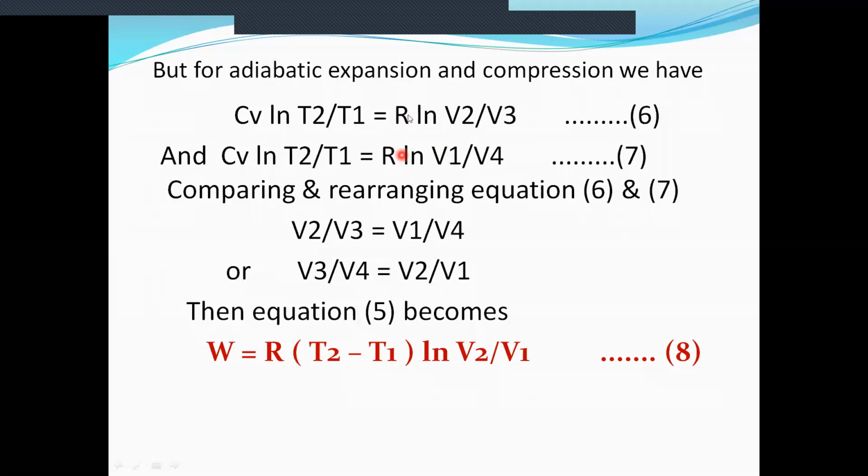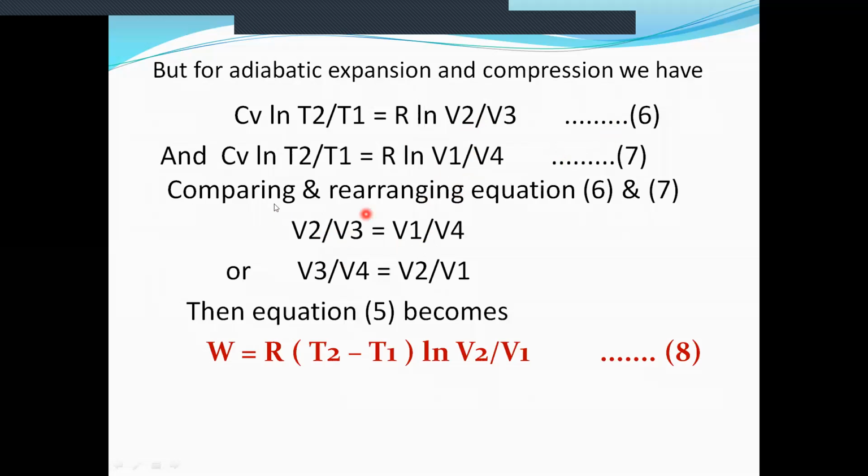This R ln is also common, so we can cancel it. What remains is only V2/V3. This is V2/V3 equal to V1/V4.